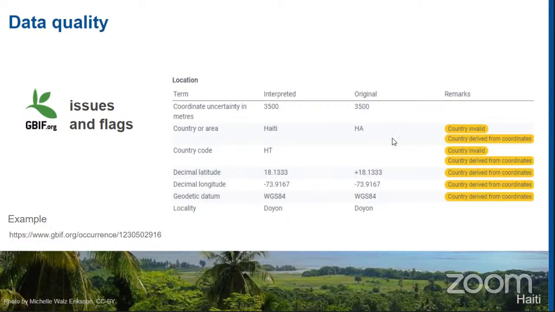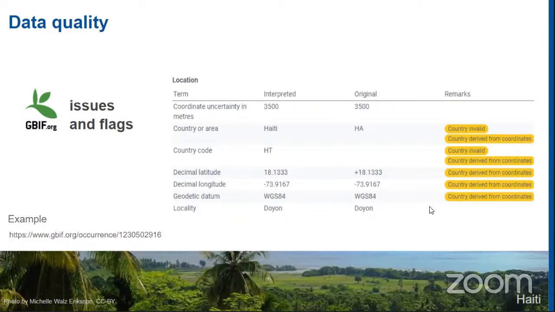It also derives the name of the country from the coordinates, and so it notes here that, although the coordinates have no problems, it uses them to derive the country. So you can see all the flags that the record has.